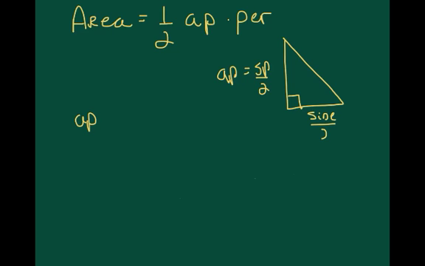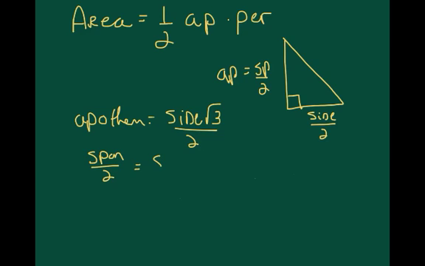Well, this side was the side over 2, and the apothem equaled the side root 3 over 2. But now we're saying that in terms of the span, the apothem equals span over 2, and so that equals the side root 3 over 2.